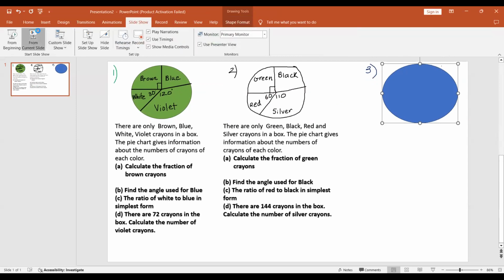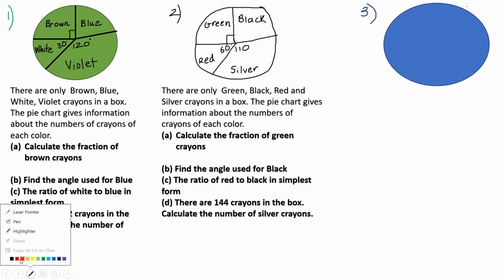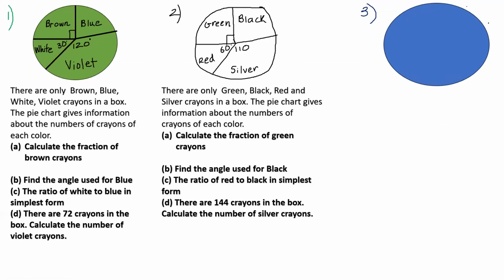And Akiro, what number are you on? Where's Akiro? Can't hear from Akiro. Amarnik, what number are you on? 1A. 1A, good.